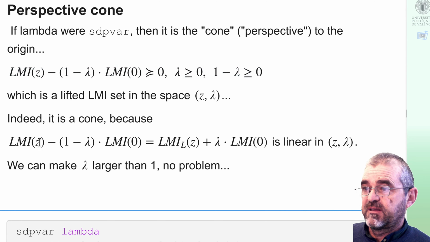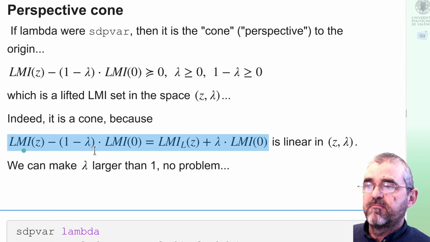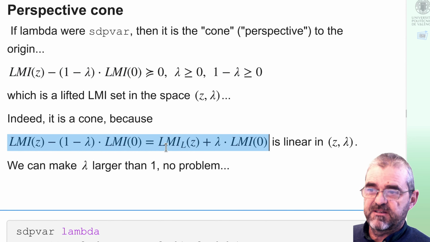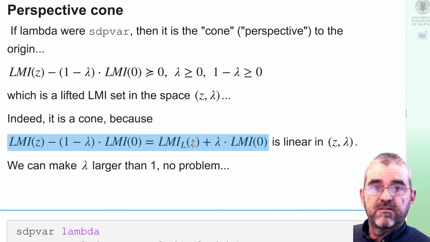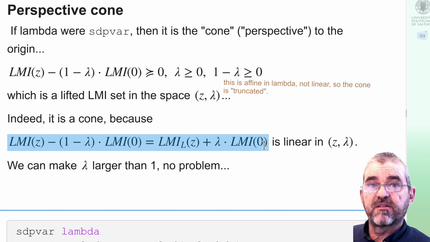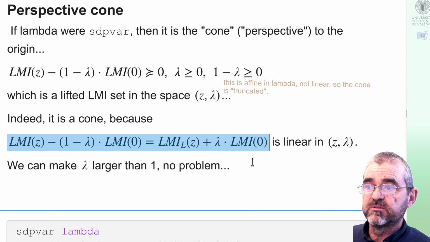And as LMI minus LMI of 0 is the linear part, then this first expression will be linear in Z, this second expression is linear in lambda, so if everything is linear, then the set is a cone, as we discussed some minutes ago. So good.